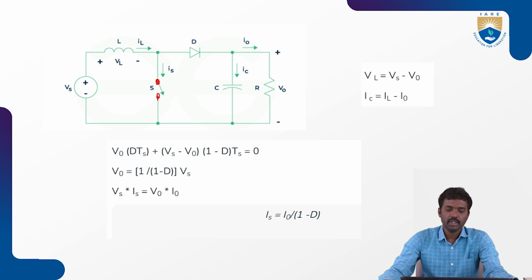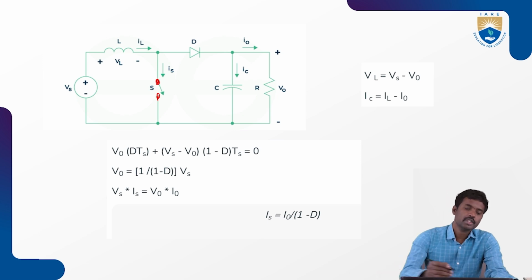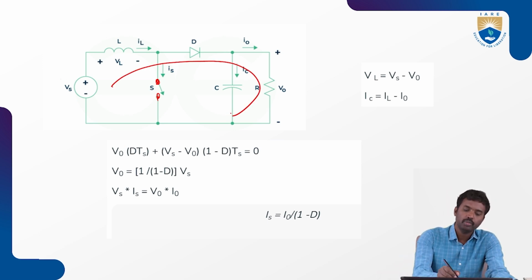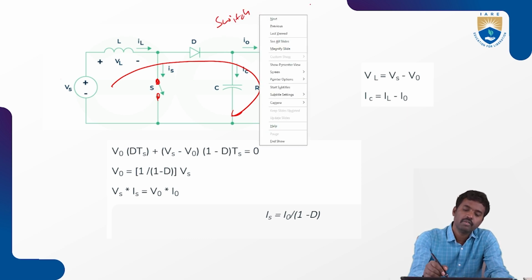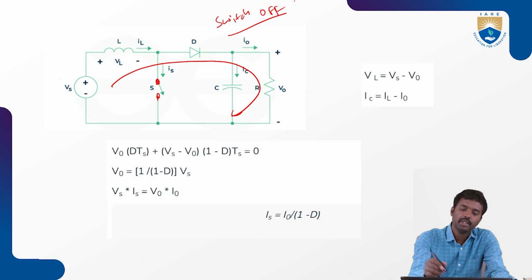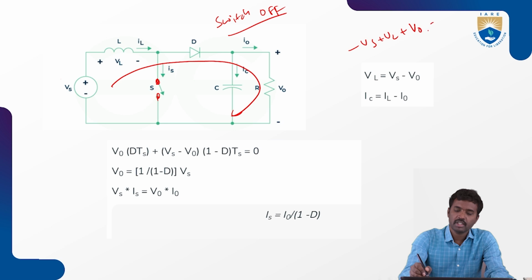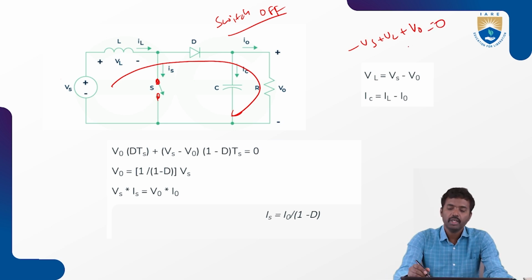If you apply KVL in this loop, when the switch is off, minus Vs plus VL plus V naught equals 0. So VL off equals Vs minus V naught.